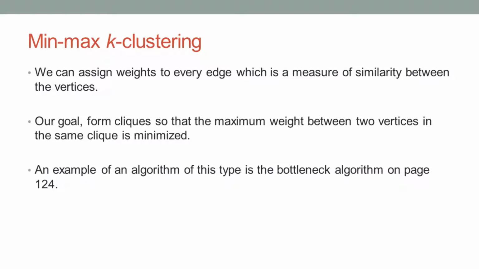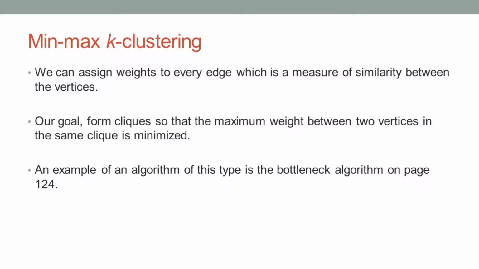Now, if we have a complete graph, as I've described, where the edges are weighted, then the algorithm to find the cliques is to find cliques where the weight is either maximized or minimized. And in this case, you say a priori how many cliques you want. So in the min-max K clustering, you know how many cliques you want, and given that many cliques, can you minimize the edge weights within each clique?